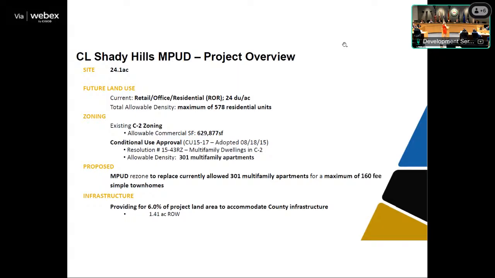Staff says it's 18 units per acre. I think it's 24 units per acre. Still a lot of multifamily units that have been approved on this property. We're proposing an MPUD that takes away the commercial zoning and the multifamily and replaces it with platted townhomes, which significantly reduces the transportation impact from the project. We are also part of the solution for Shady Hills Road by the fact that we have to convey right of way.